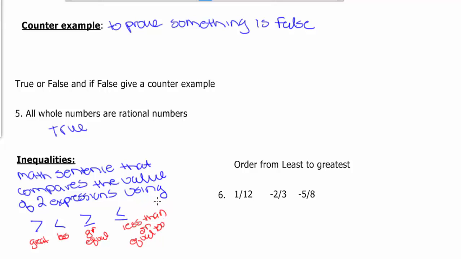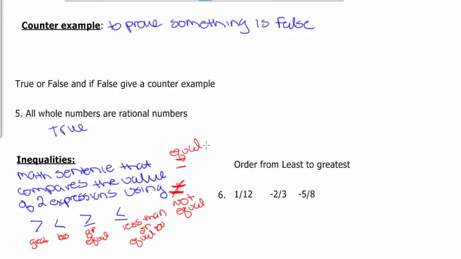Sometimes you might also see this, with the line through it. That just means not equal. And obviously this is the equal sign.